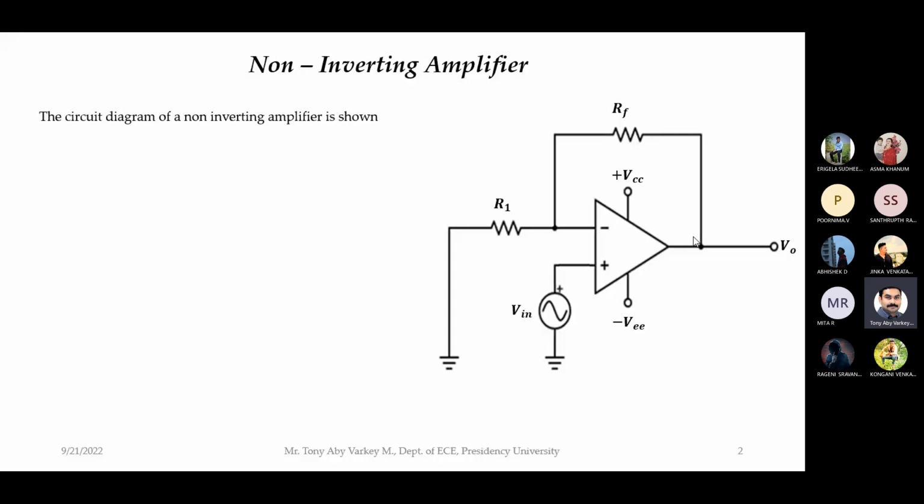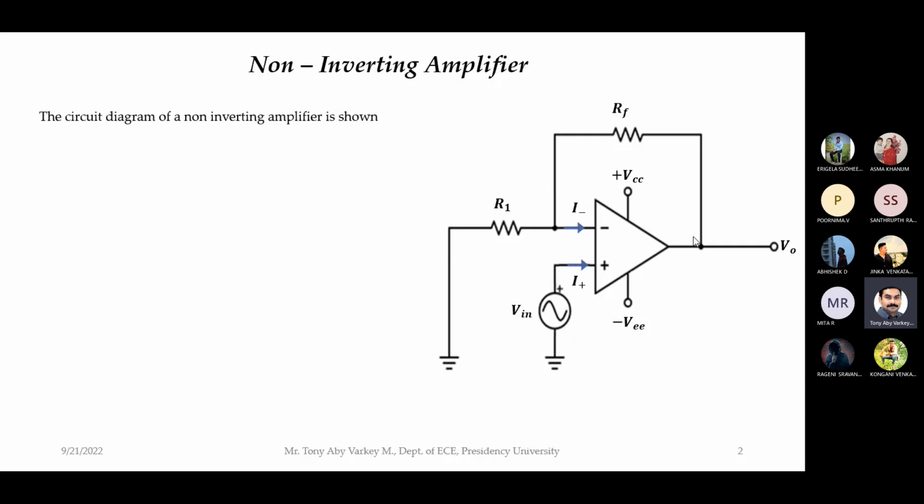Now I am going to mark the current flowing through the different resistors as well as the terminals of the op-amp. First I will mark the current flowing through the inverting terminal of the op-amp as I minus, and the current entering the non-inverting terminal as I plus.